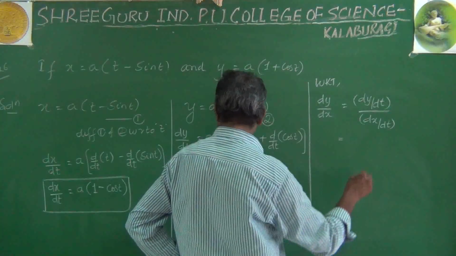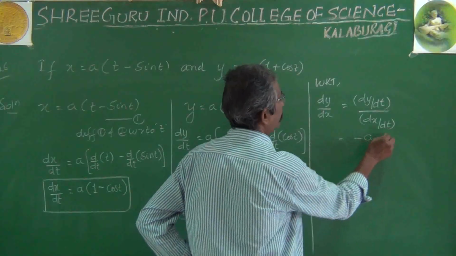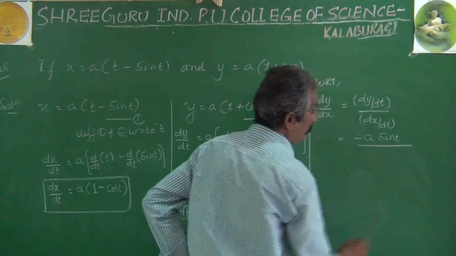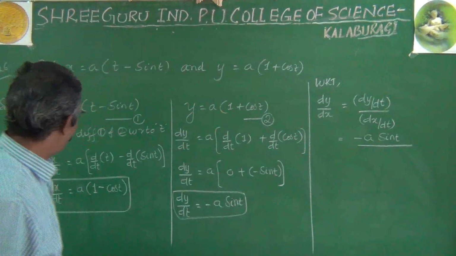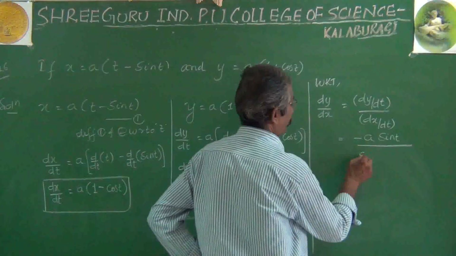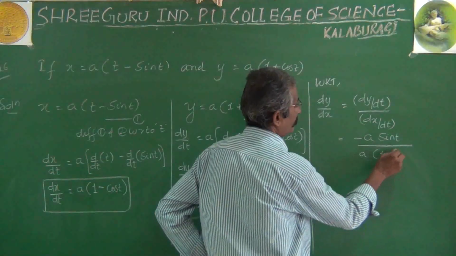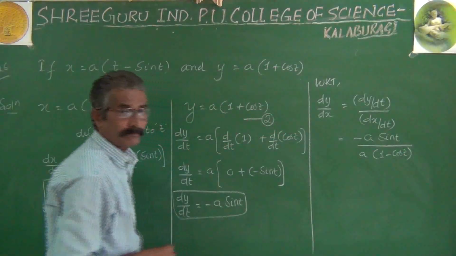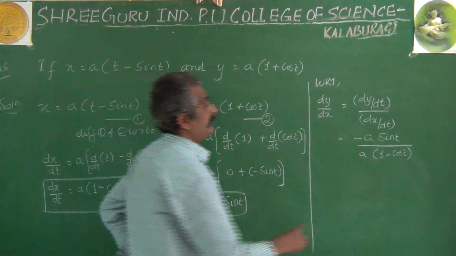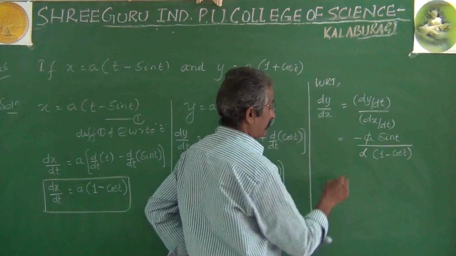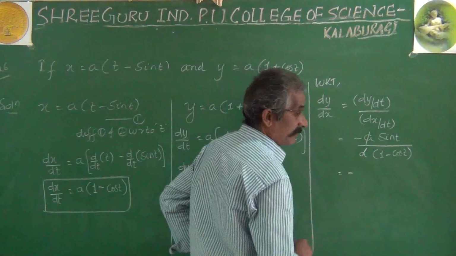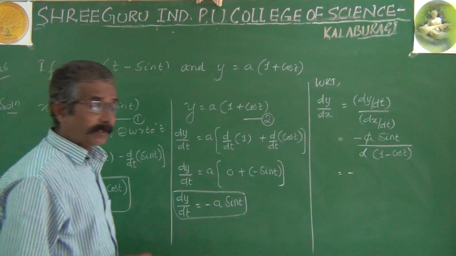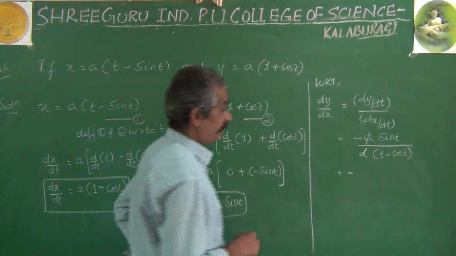Value of dy by dt is minus a sin t divided by value of dx by dt, a into 1 minus cos t. A will cancel out. And if it is asking to prove some particular result, you have to continue.